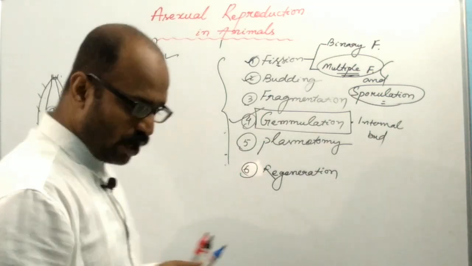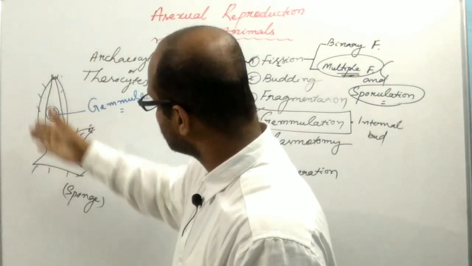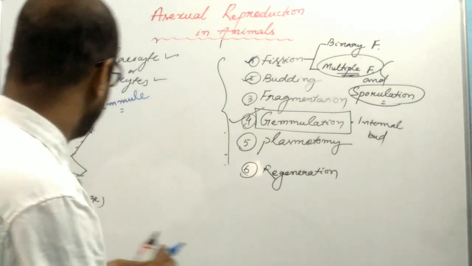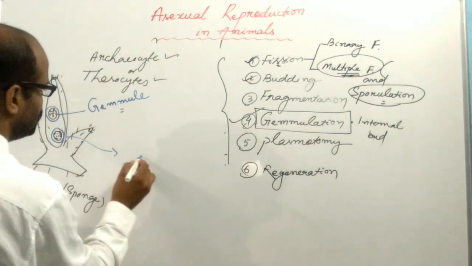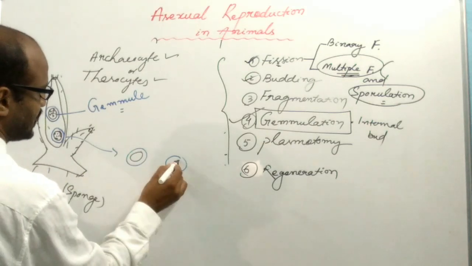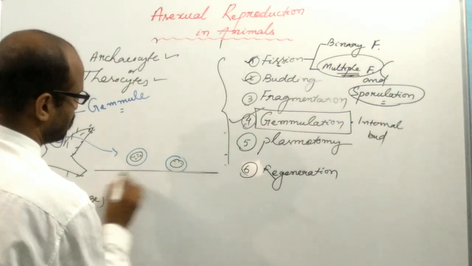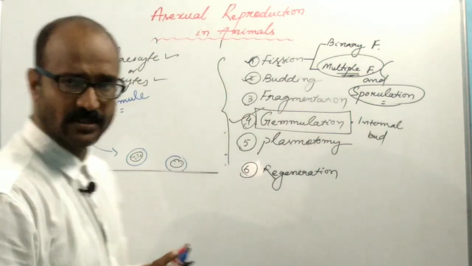After the death of the mother body, after the decaying of the mother sponge, the releasing of gemmules takes place. Suppose that these are the gemmules which are present at the bottom of the ocean or the pond.